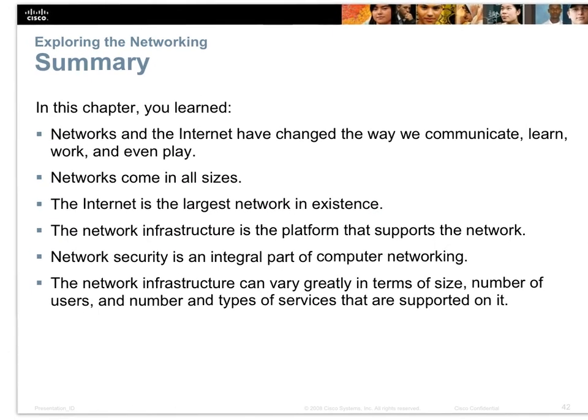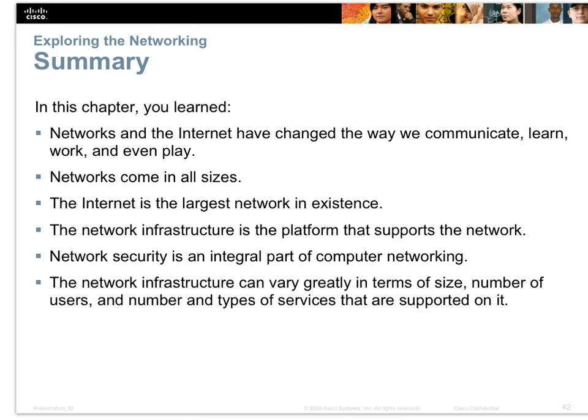So, to summarize what we have talked about in this chapter, we talked about networks and the internet. We talked about the different sizes of networks: small networks or local area networks, and wide area networks and how they are networked together. We talked about the categorization of networks, not from the geographical sense, but from the logical sense, which is what we call the intranet and extranet.